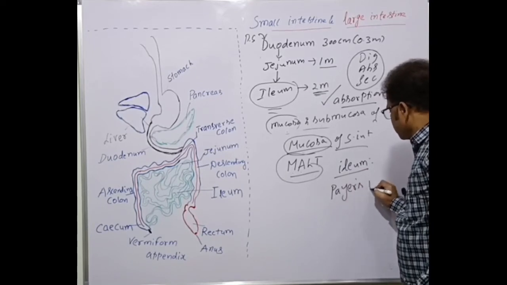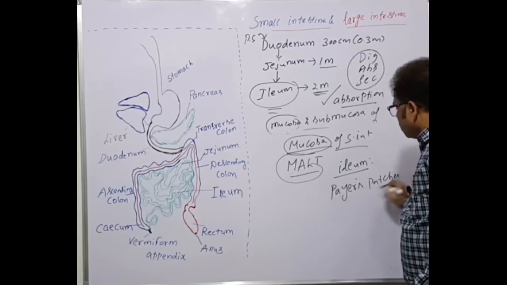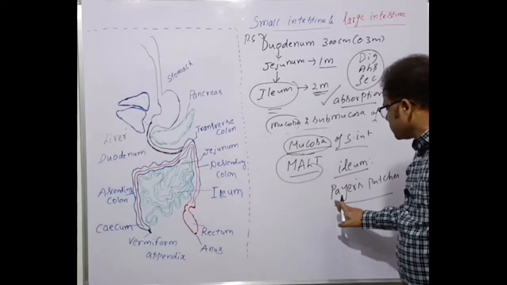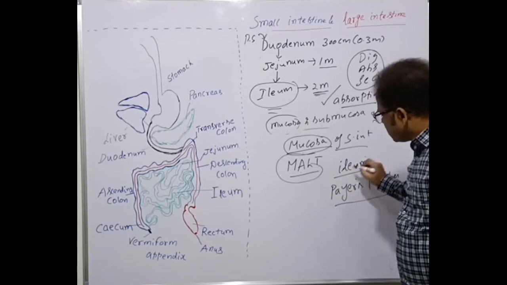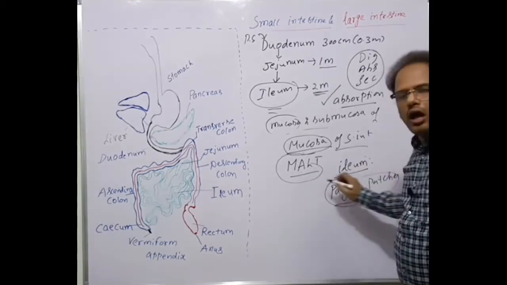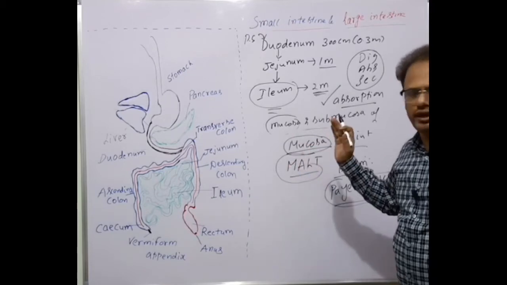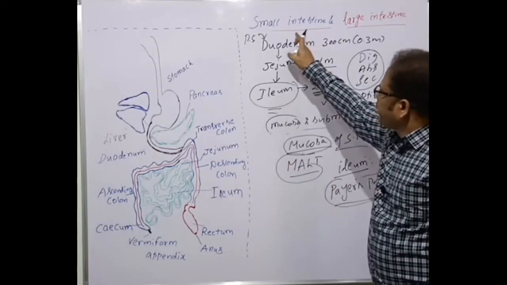Peyer's patches are small nodule-like structures. They form a secondary lymphoid organ present in the ileum, associated with the lymphatic system. Clear, students? This is about the small intestine.